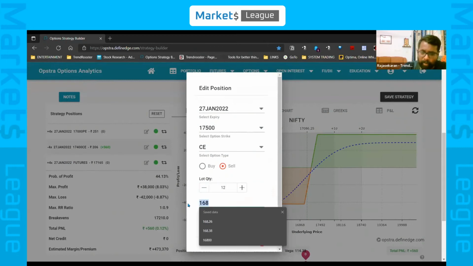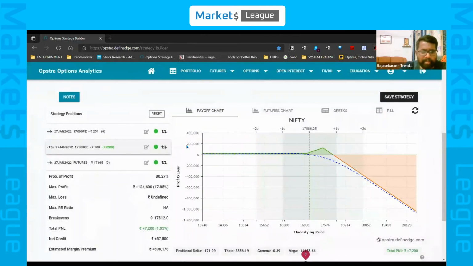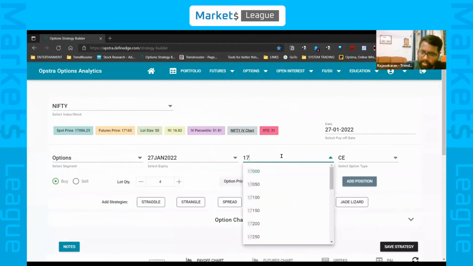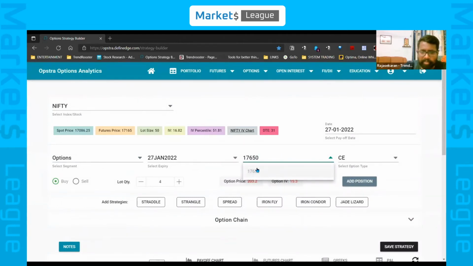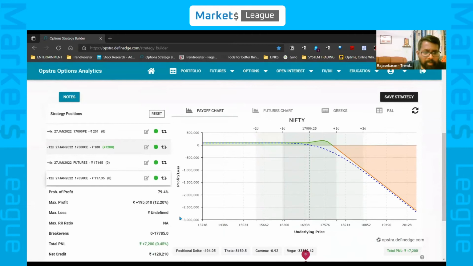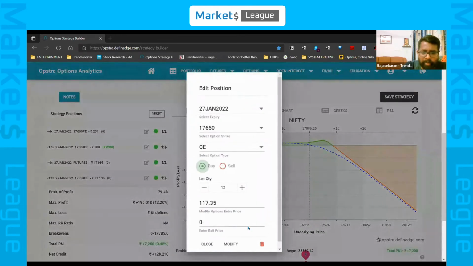Maybe I'm entering at 180 rupees. All right, 12 lots, and I'm buying the 17,650 option. The prices are just adjusted here for the sake of the demo, but in the real market, it should be fine. 650, I'm entering it, selling, and then 12 lots. Okay. We need to make it a buy.